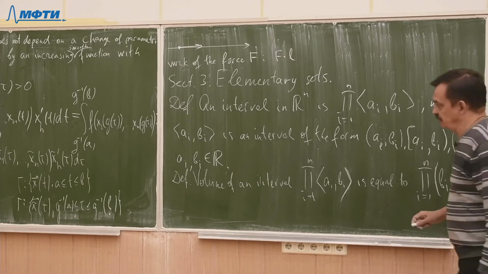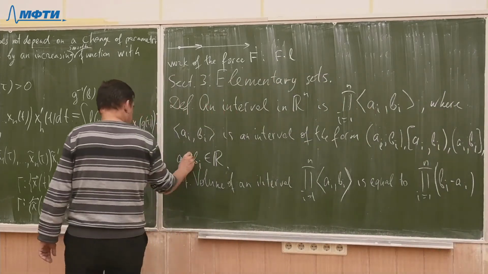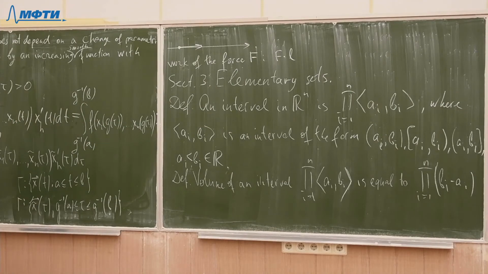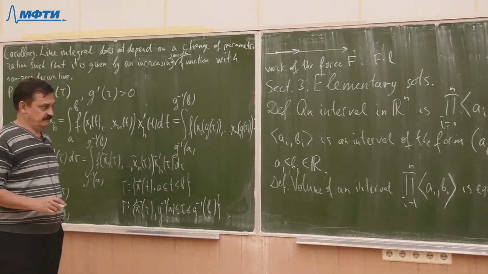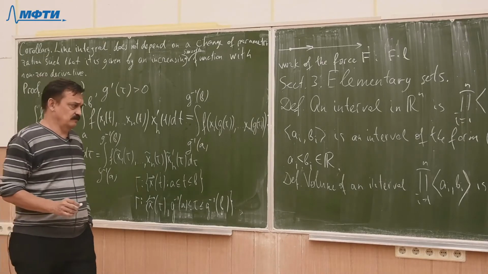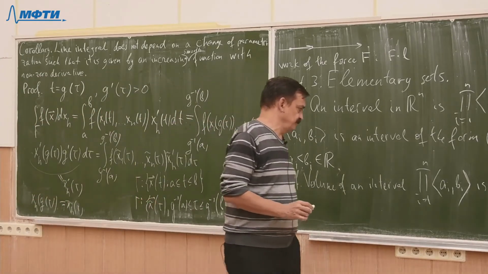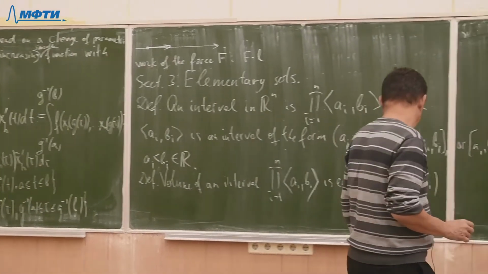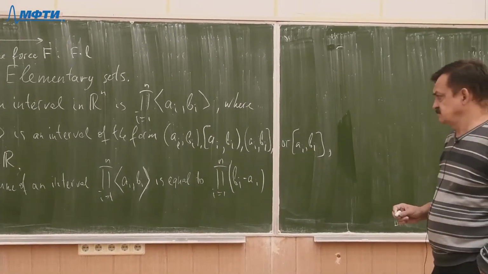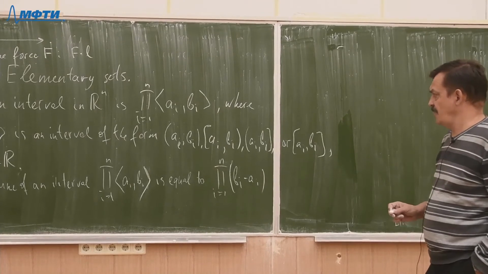Yeah, ai, bi should be like that. So we'll consider non-degenerate intervals.